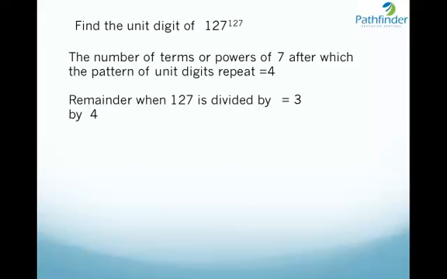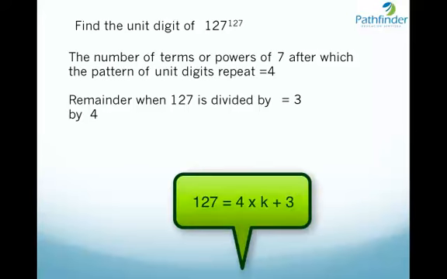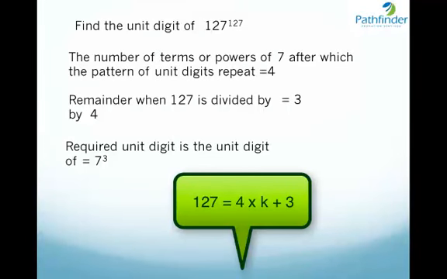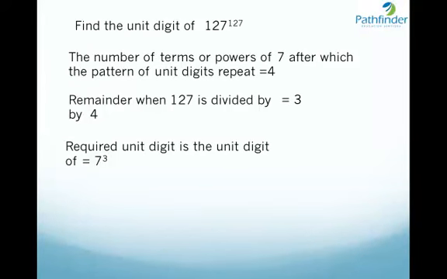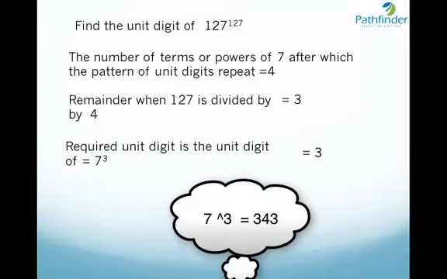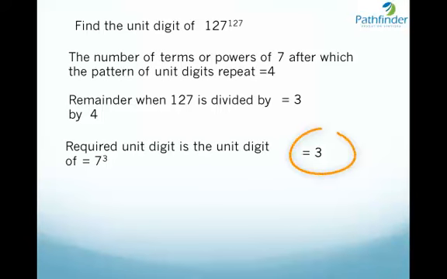If the remainder is 3, that means the power 127 can be written as 4k plus 3, which means the required unit digit is equal to the unit digit of 7 cubed, and 7 cubed is equal to 343, the unit digit is 3, and therefore the unit digit of 127 raised to the power of 127 is also 3.